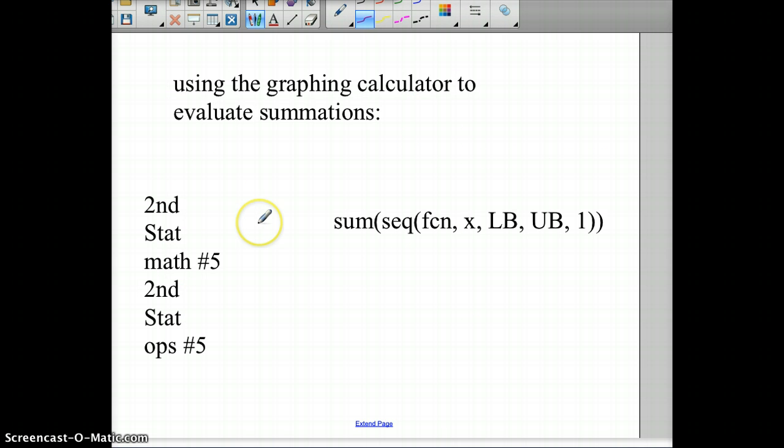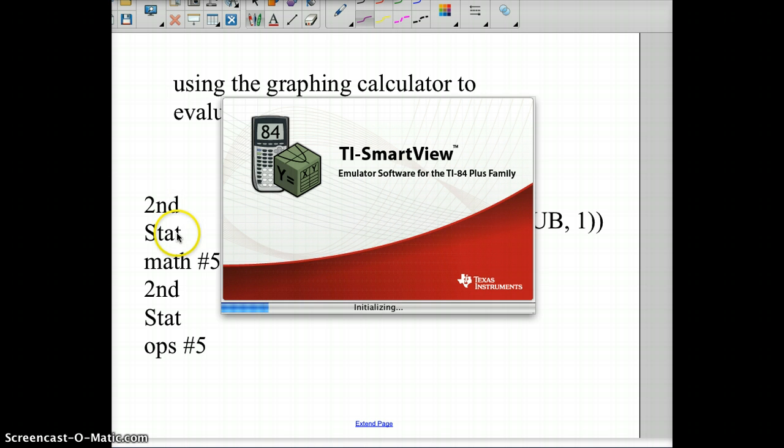So the graphing calculator also helps us with summations. If you go on your graphing calculator and you push second stat, then let me bring up the graphing calculator here if I have time. You're going to push second stat and then go over to math, and then go down to number 5, and that brings up the word sum.